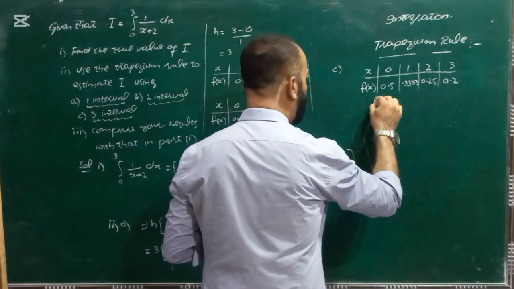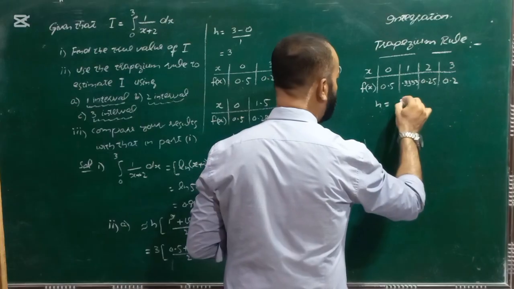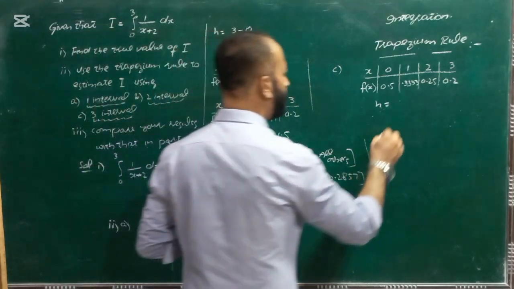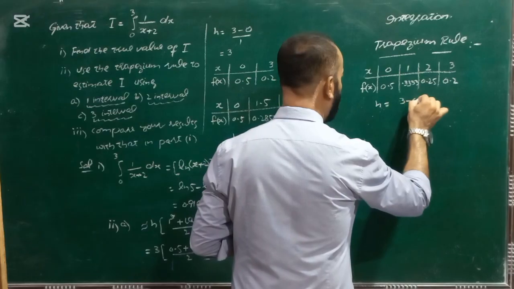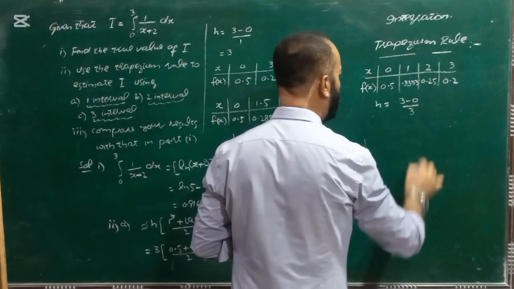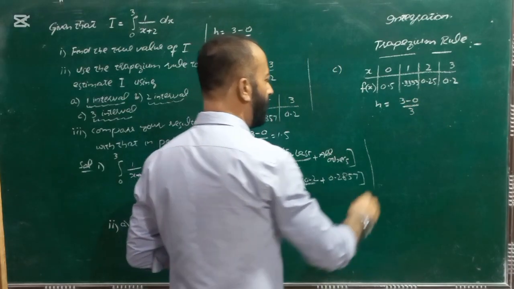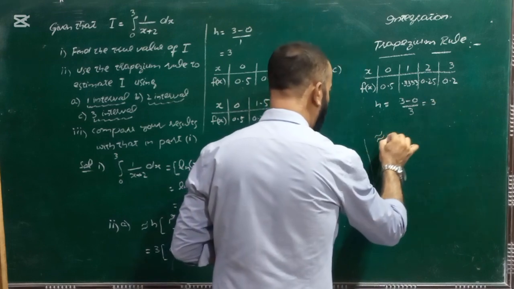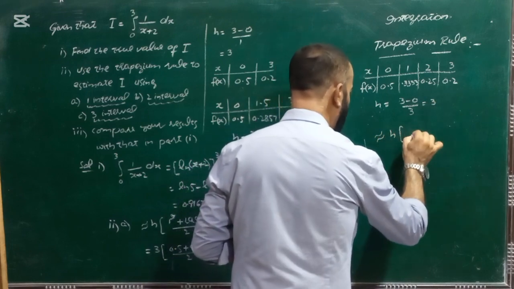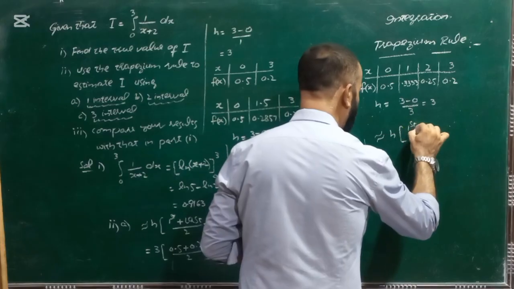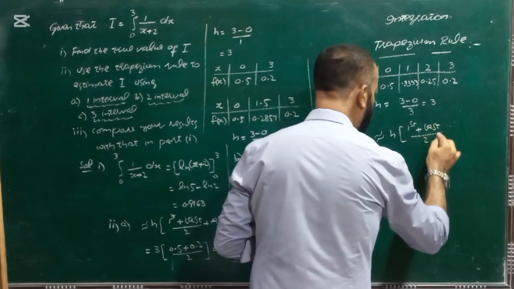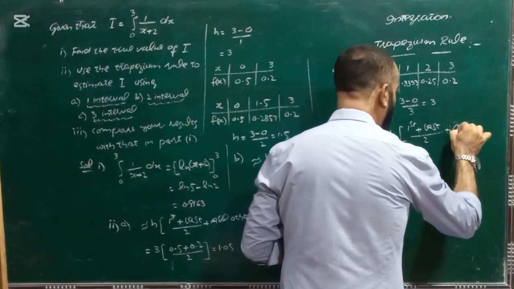Okay, and h will be equal to upper minus lower, 3 minus 0 over, now 3 intervals are there, so answer is 3. Now we will put the formula, that is h into first plus last divided by 2 plus all others.